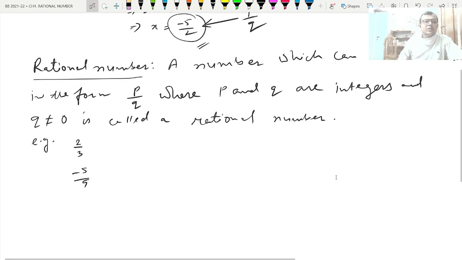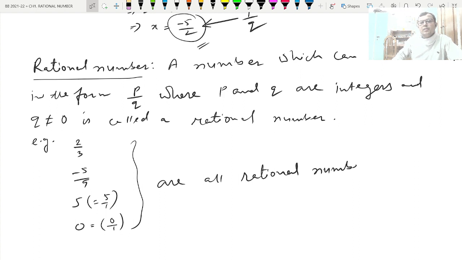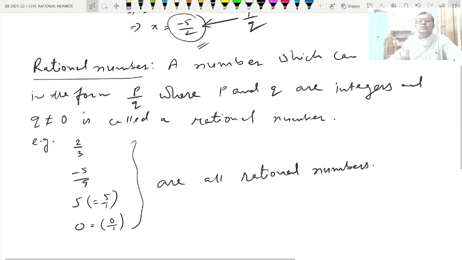Okay. We can write 5 as 5/1. 0 can be written as 0/1. All are rational numbers.